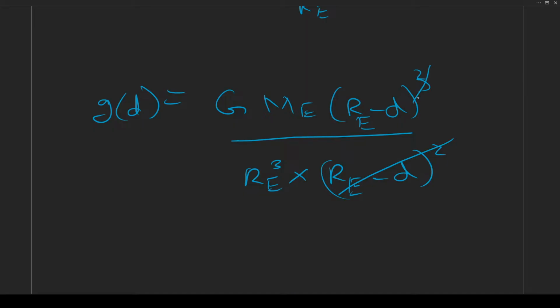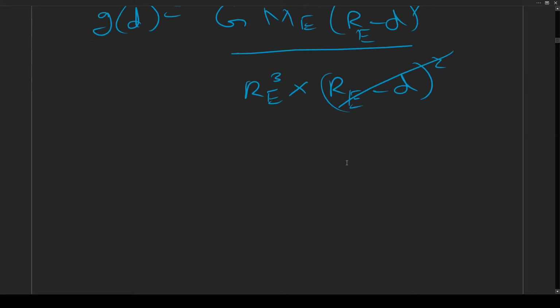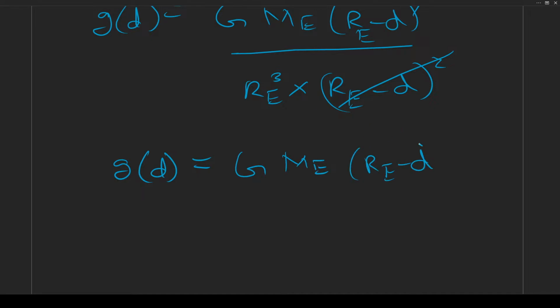The cube and square cancel, and (Re minus d) is remaining. So g at depth d is equal to G Me (Re minus d) by Re square times Re.